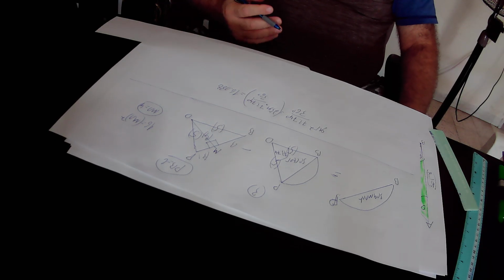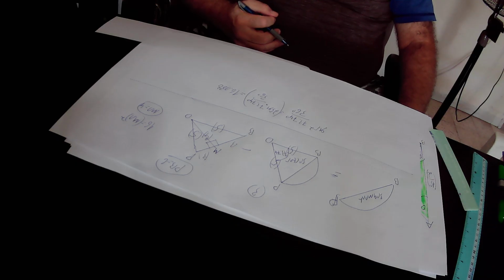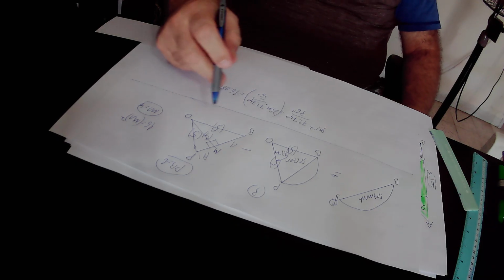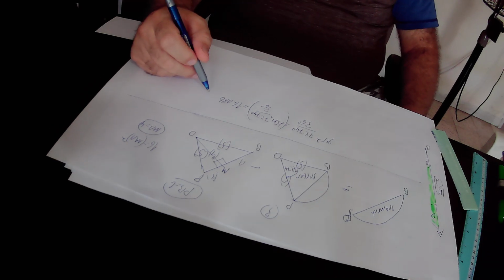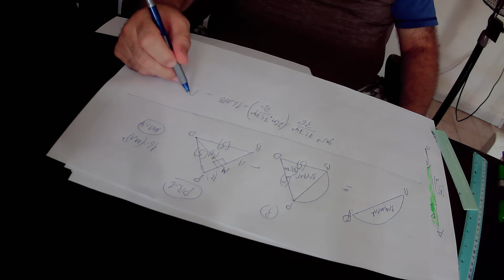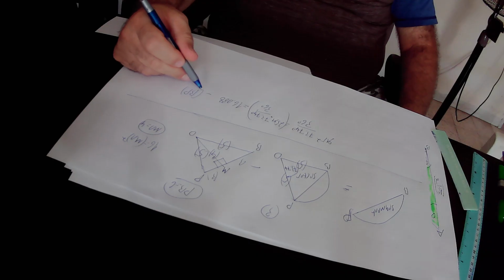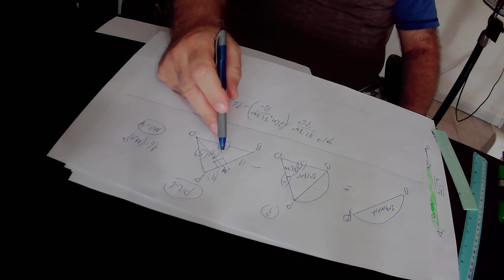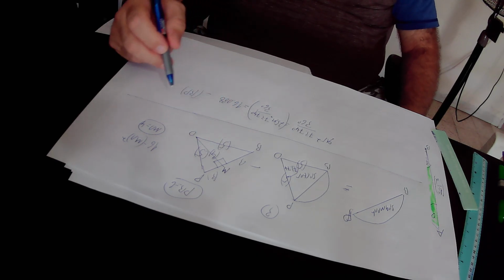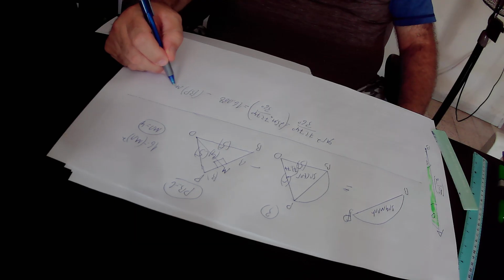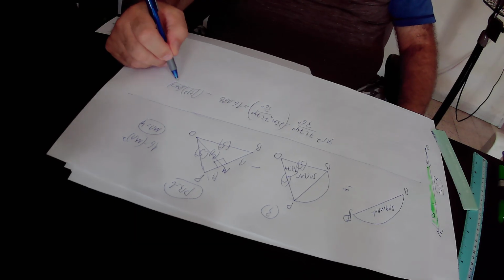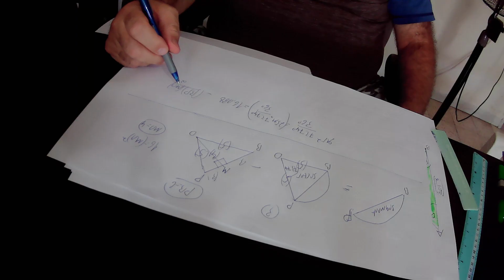You know that the area of any triangle equals the base times the height over 2. We'll choose the base as BP times the height MO. MO is the height because it is at 90 degrees with the base BP, over 2. So the area of triangle BPO equals BP times MO over 2.